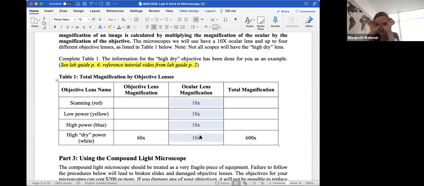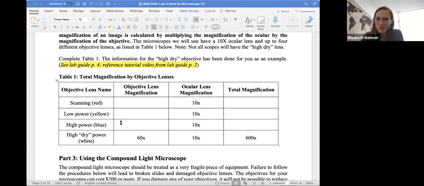You are always looking at something 10 times magnified. And what you'll do is multiply by the magnification of the objective lens. You'll have to go through and watch that tutorial. You can look at reference guide page number 4 to get the objective lens magnification of each of these.